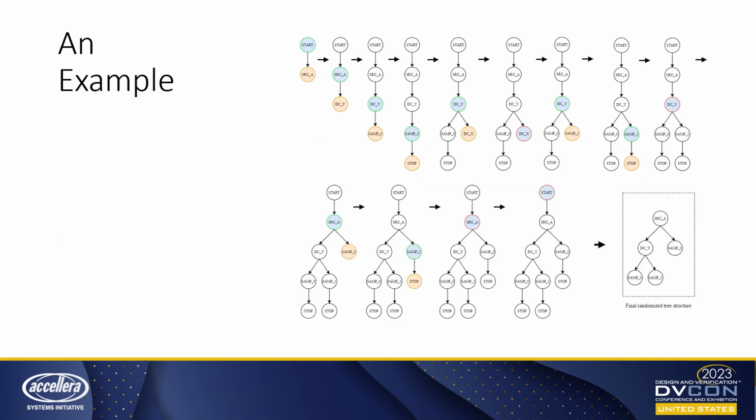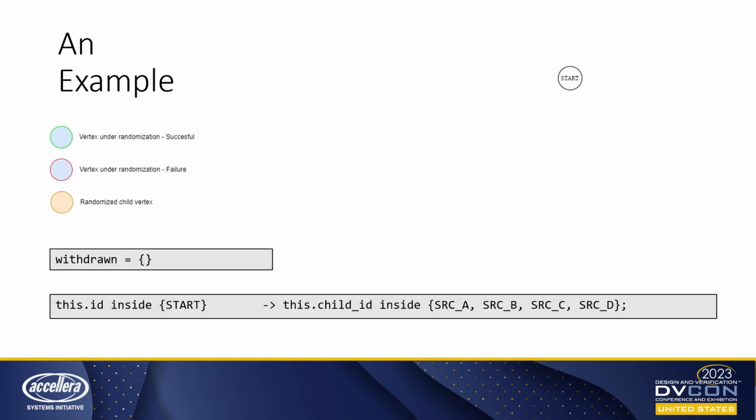In many instances, it is much easier to understand concepts provided an example. So I have prepared one to illustrate the tree generation process. In this example, we use the modeling of connectivity that we had shown previously. Before we begin, let's have some explanations about what you will see in the following slides. Any vertex under randomization will be noted with a blue color.